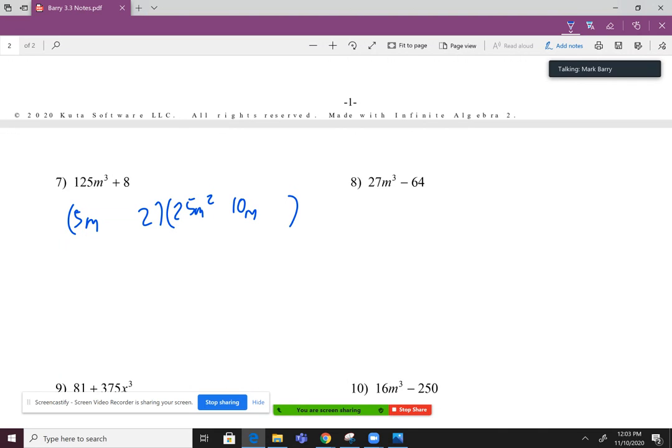And then 2 times 2 gives me 4. All right, the signs, this one's a plus. So I do same, opposite, always positive, holla.